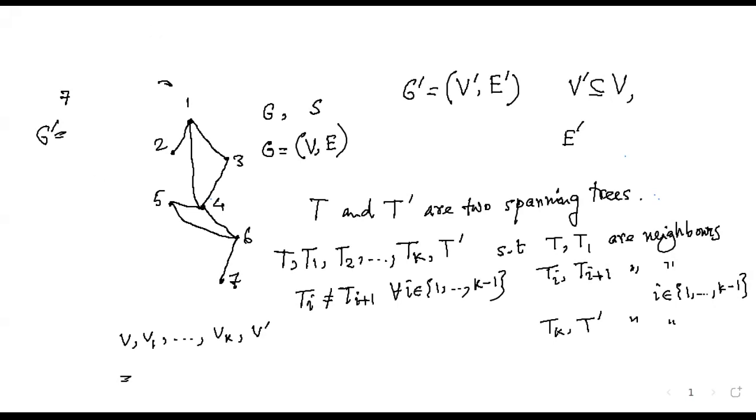And the spanning trees must have the same number of elements, right? Yes, each spanning tree has the same number of vertices as you have in G, but the number of vertices in G prime may not be the same as G.